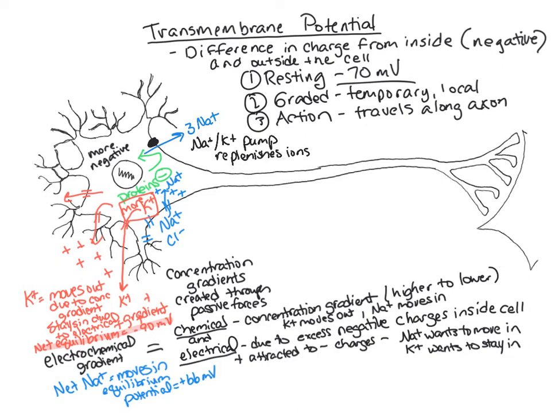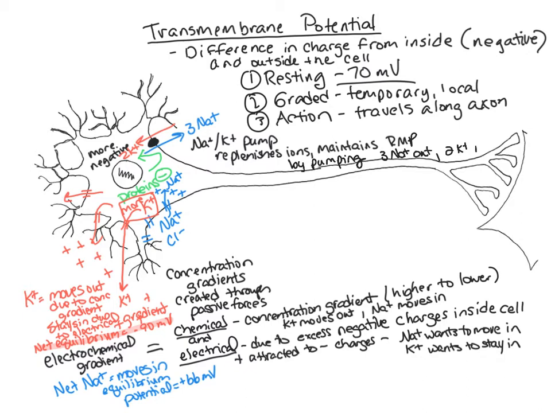And at the same time, it pumps in 2 potassium ions because potassium is always leaking out, so we have to pump the potassium back in. So the sodium-potassium pump pumps 3 intracellular sodium ions out and 2 extracellular potassium ions in, and this helps to maintain the resting membrane potential at -70 millivolts.